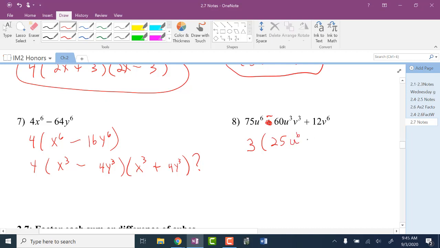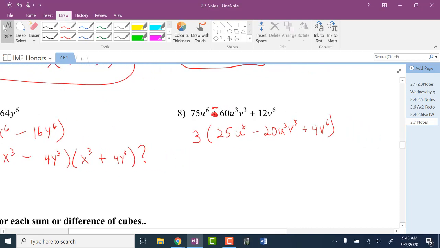And then 3 goes into, and I changed that to a minus just because, it could be a negative middle term in this pattern or a positive. And then plus 4 v to the 6th. Now, this one you'd survive by doing MA. M equals 100. That's not too big. A equals negative 20.